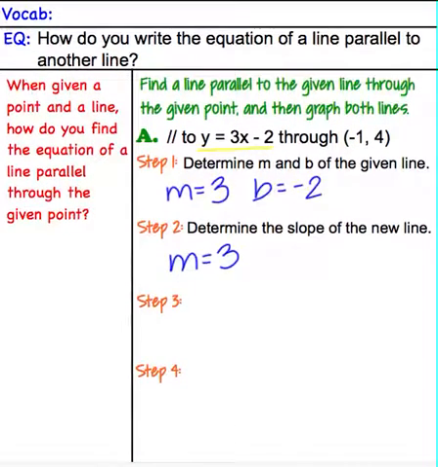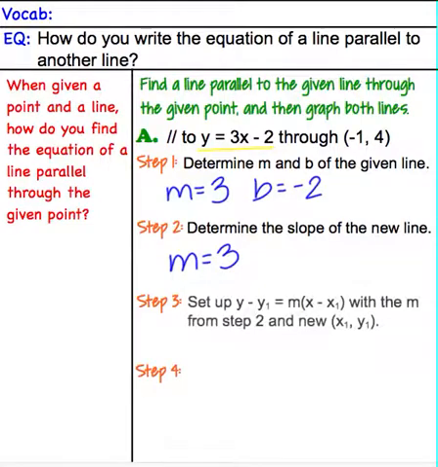Then step 3 asks us to set up our equation using the point that's given in the problem, in point-slope form, because if you recall, we have point-slope form for those instances in which you are given the slope, or find out the slope, and you are given a point.